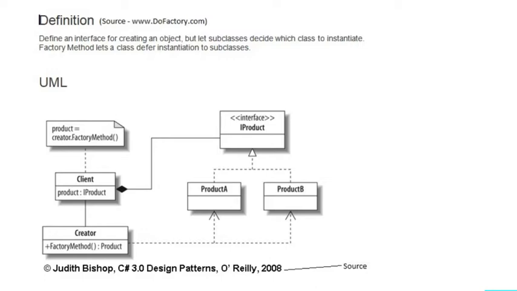So we have an interface called iLogger, but let subclasses decide which class to instantiate. So we have the subclasses like text logger, Excel logger. And the last line says factory method lets a class defer instantiation to subclasses. So we have a factory method called getLog, which gives us the instance of text or Excel log, whichever we want.